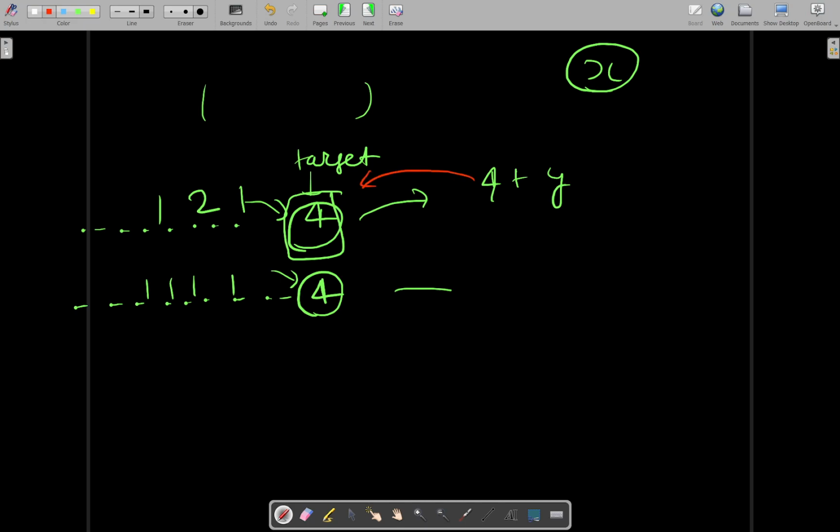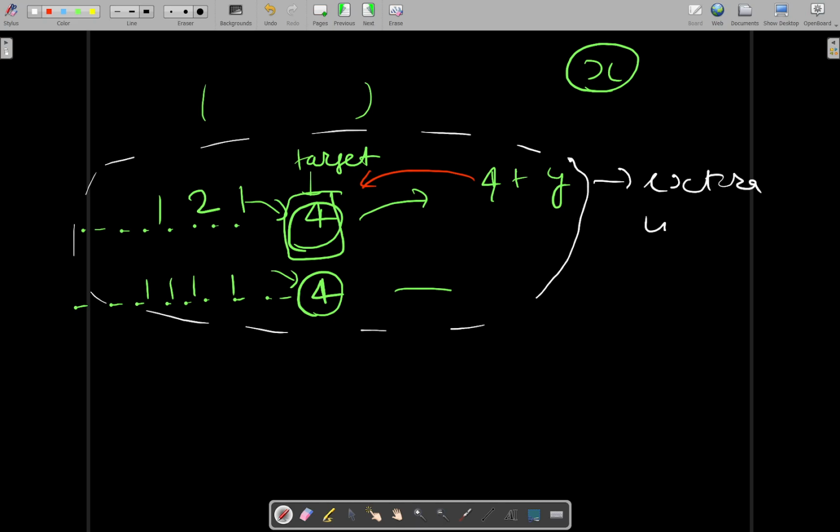So to avoid this extra work, this is us doing extra work, which is being generated due to overlapping subproblems.